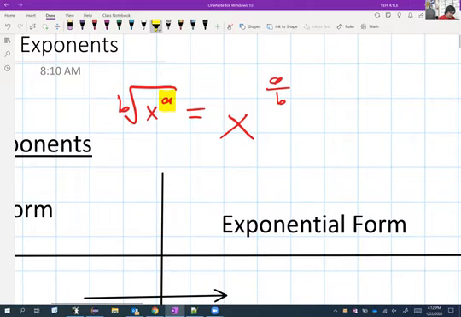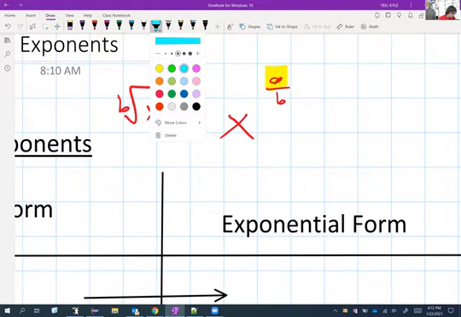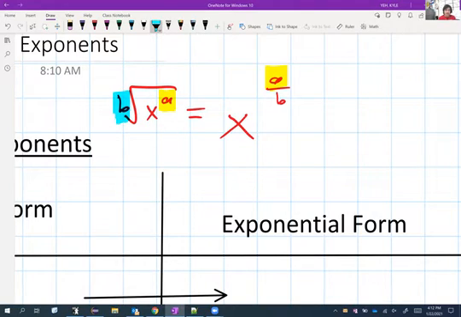Whatever power is inside the radical is our numerator in our rational exponent. Whatever is the index of the root is the denominator of our rational exponent. So the bth root of x to the ath power equals x to the a over b.